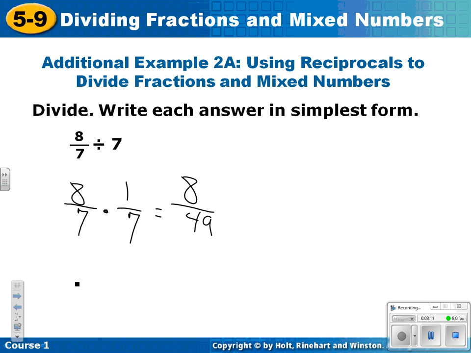All we do is flip the second number. That's it. Flip the second number and multiply. That's how you divide fractions. Yes, because technically this is 7/1. So instead of dividing, we multiply by the flipped number.